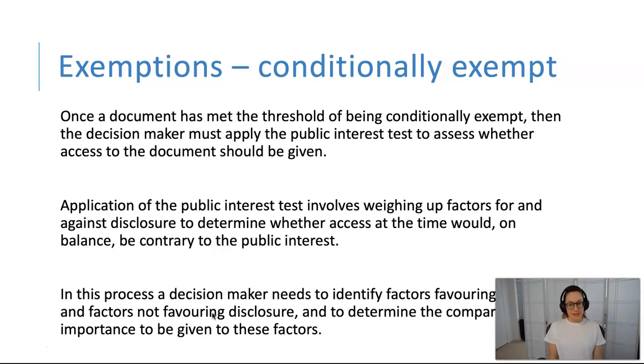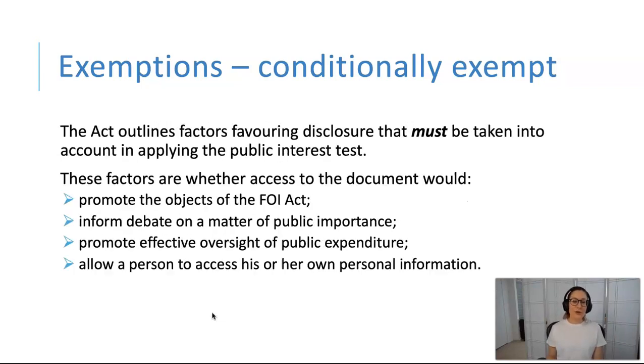So as I mentioned, if a document is conditionally exempt, the decision maker, so the person deciding whether or not to grant access, must apply the public interest test, which means that they must weigh up reasons for and against disclosure, always keeping in mind that what they are weighing up relates to the public interest.